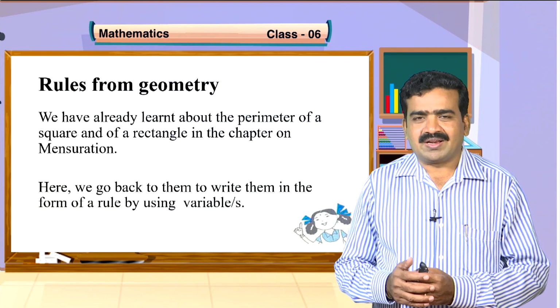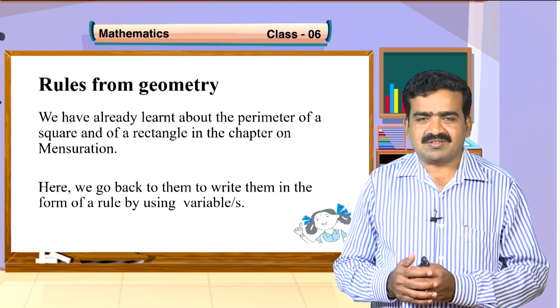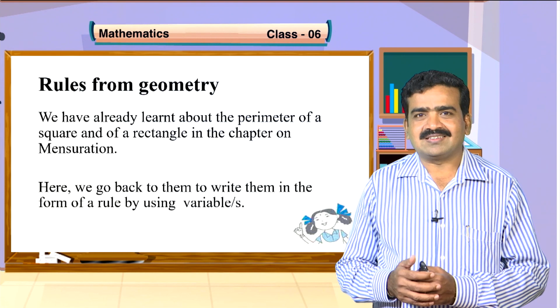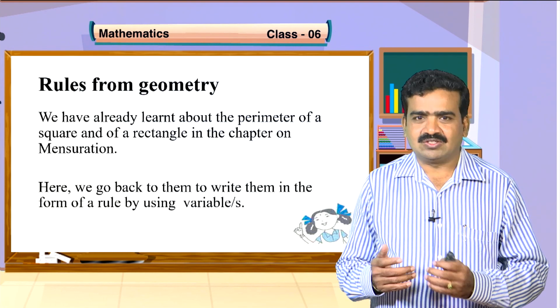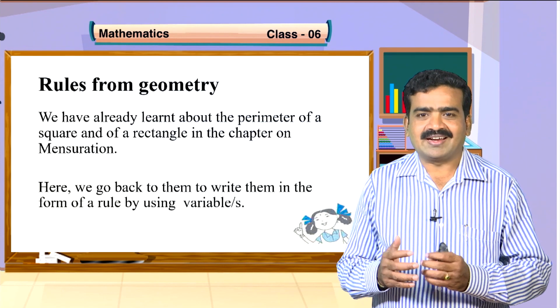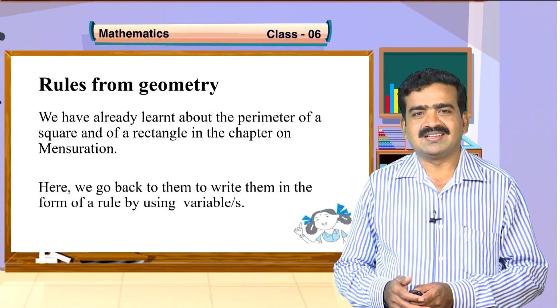Rules from geometry. You have already learnt about the perimeter of a square, rectangle, pentagon, hexagon, etc. in the mensuration chapter. Here we go back to them to write them in the form of a rule by using variable or variables.